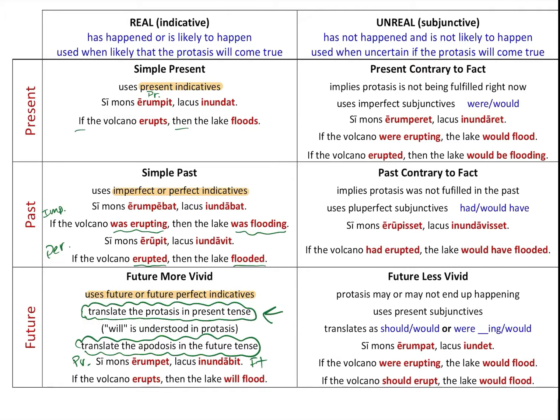That's the tricky part, so just remember that. So, si mons erumpet, that's future. Lacus inundabit, future. Okay, if the volcano erupts, we're going to translate in the present, then the lake will flood. Future.